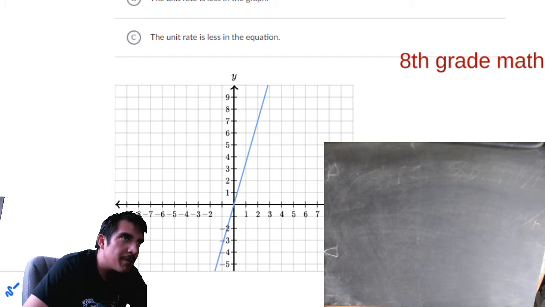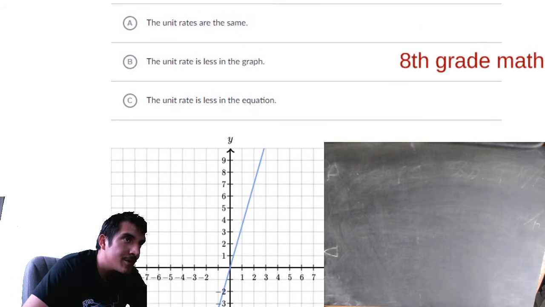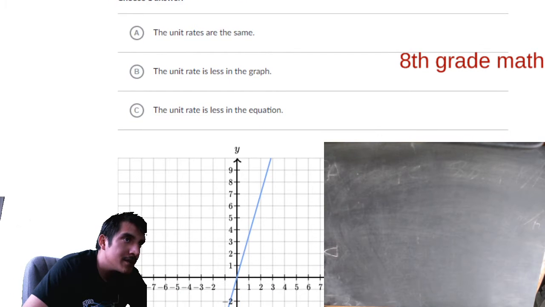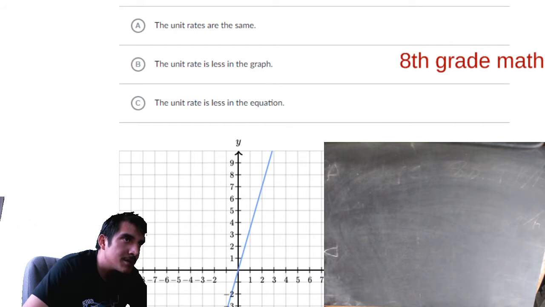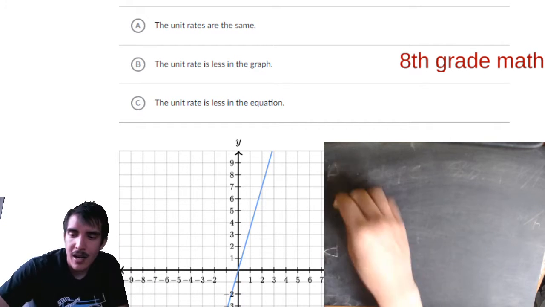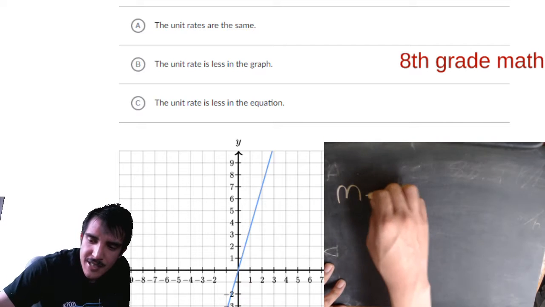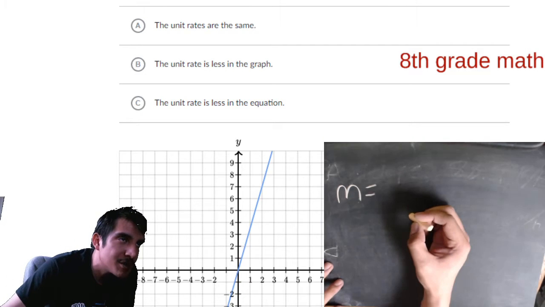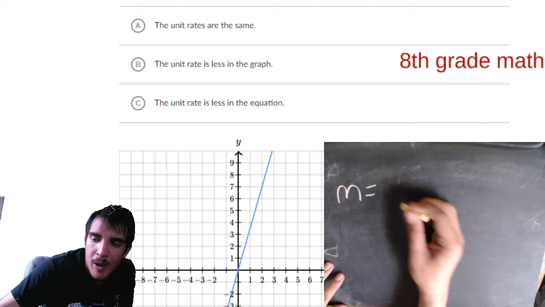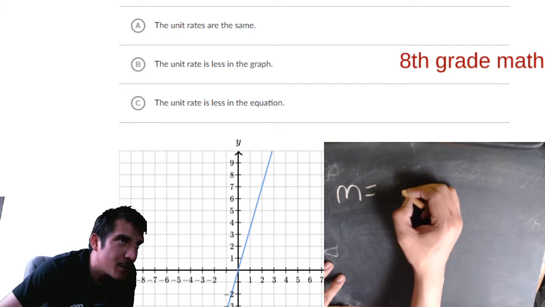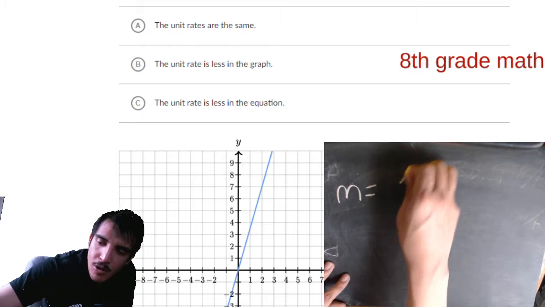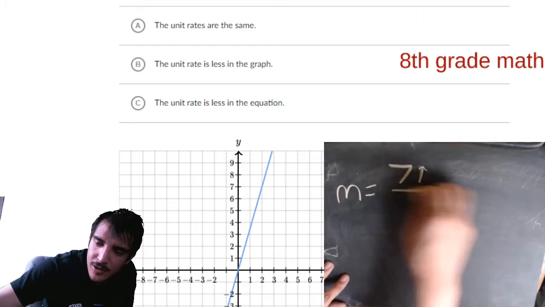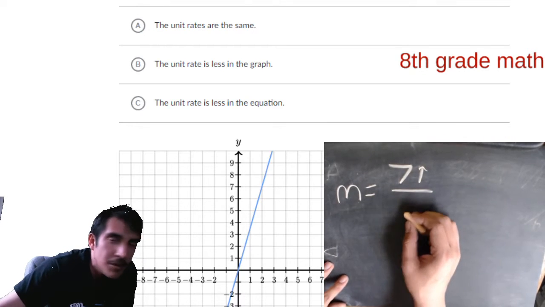So I believe that this line goes through the point 0, 0 and through 2, 7. So if I go from 0, 0 to 2, 7, the rate of change, or the slope of this line, is how much rise and how much run. So hopefully you're at home counting, or you can see just from the graph that you go up 7 units and you go to the side 2 units.